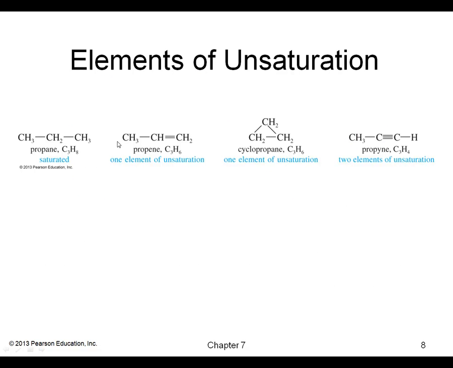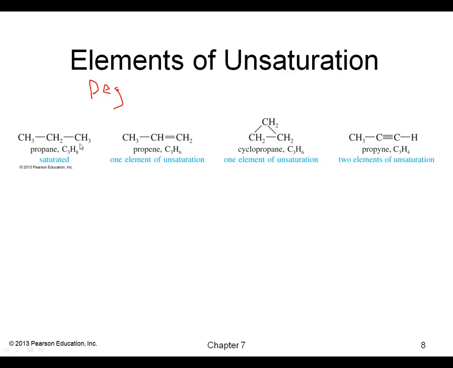Okay, so here we talk about what's called the element of unsaturation, or sometimes called the degree of unsaturation. When we talk about saturation, we're talking about the hydrogen atoms in the molecule. If you look at an alkane, any alkane is fully saturated.